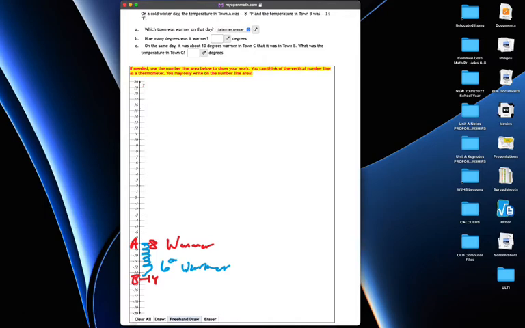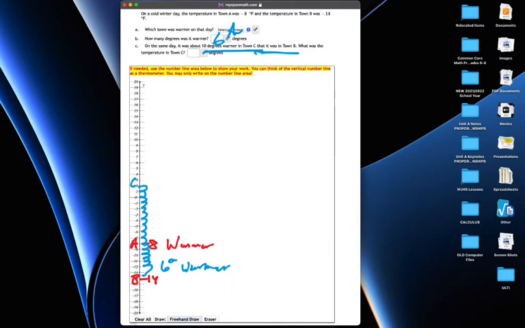And from there, on the same day, it was about 10 degrees warmer in town C than it was in town B. So town C is 10 degrees warmer than it was in town B. So from here, if we go up 10 on the number line, 1, 2, 3, 4, 5, 6, 7, 8, 9, 10.